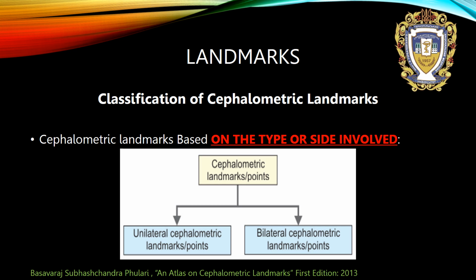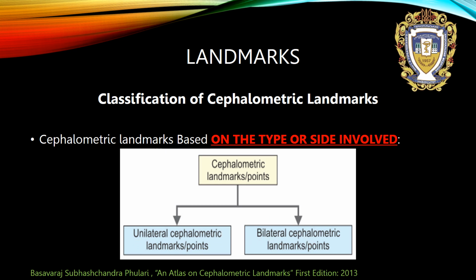Then, next group of classification: cephalometric landmarks based on the type or site involved. According to this scheme, cephalometric landmarks can be unilateral or bilateral.